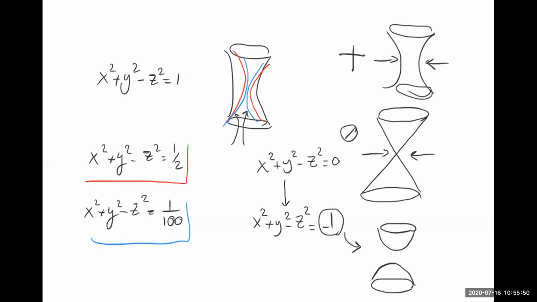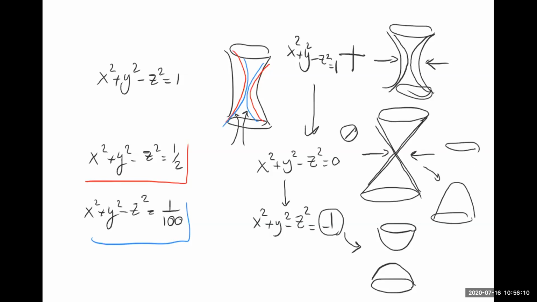So you can think about it as a kind of continuous thing. When it's plus, it's like this. Slowly, they become closer and closer. At 0, they are like this. And then when you continue, they become like this. And then as we are making this thing bigger and bigger, they become fatter and fatter. Okay.